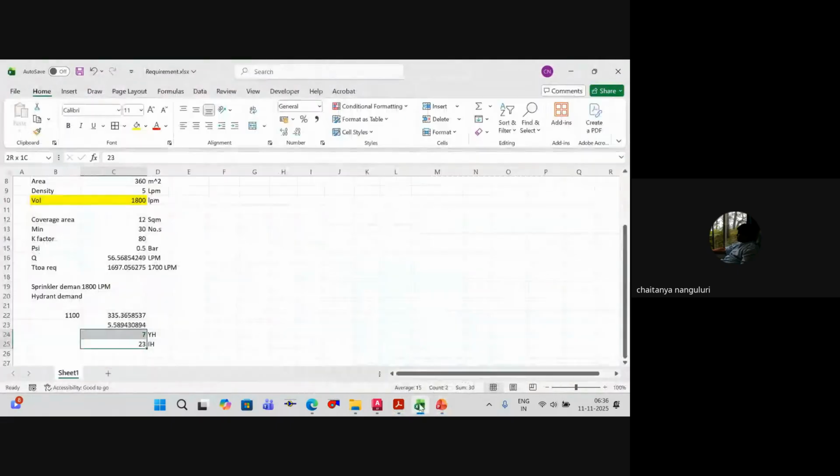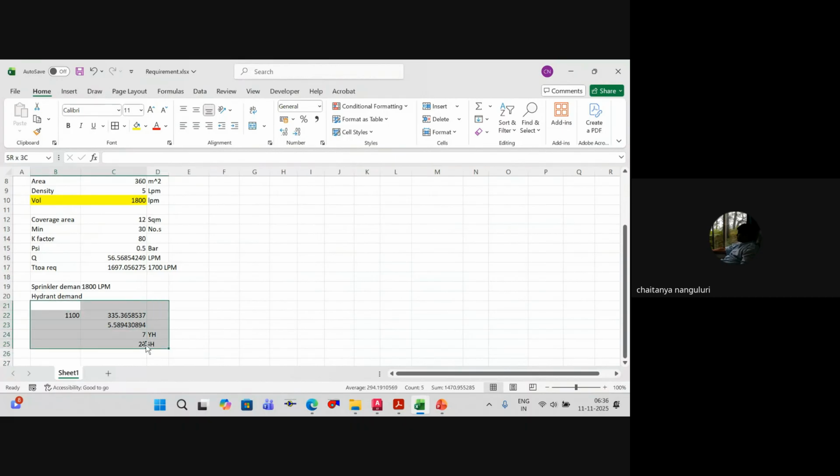Total number of hydrants is what we have to take. So number of hydrants, how much did we get? 30. So number of hydrants is 30.